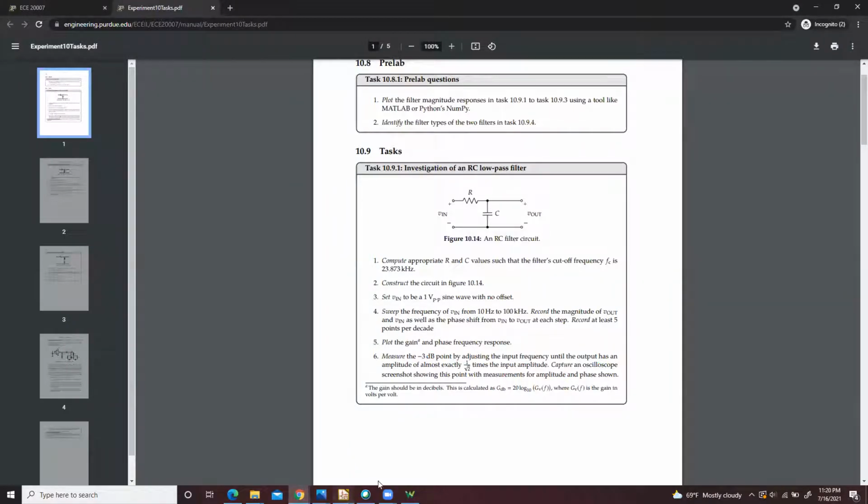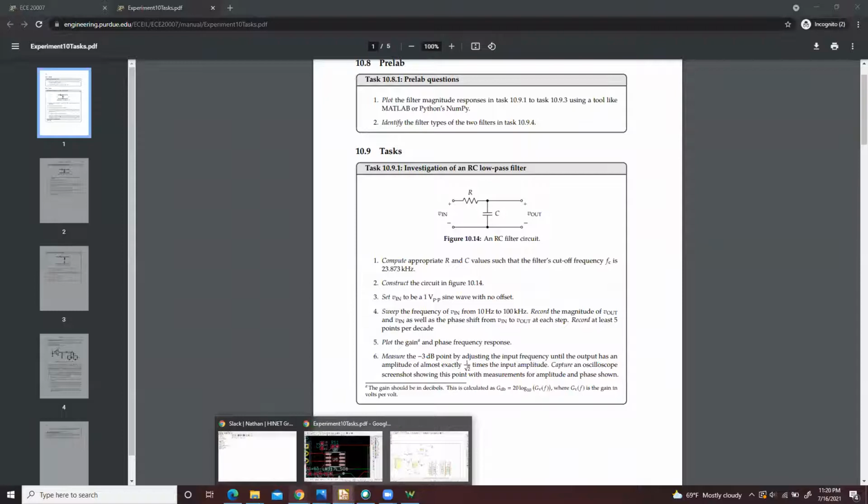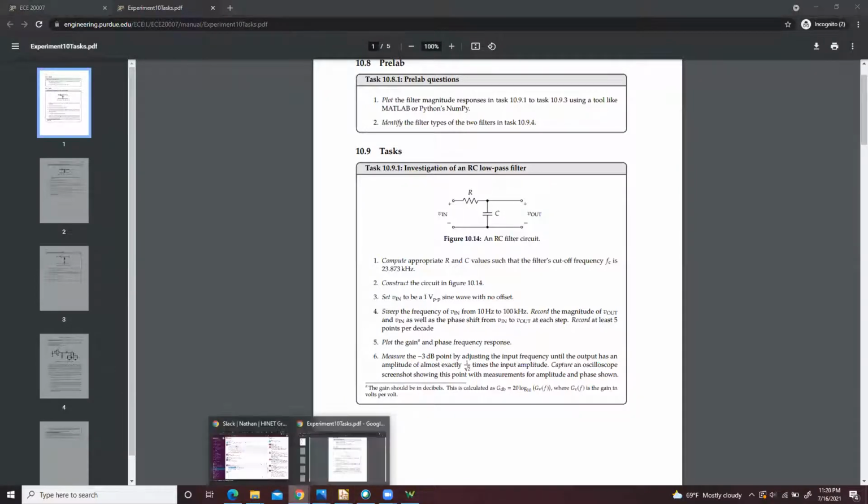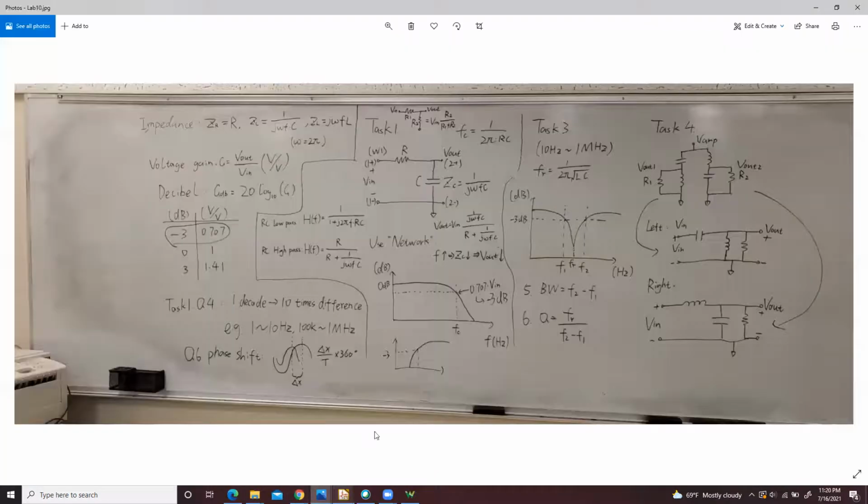If you are going to use the network, you can just get the plot from AD2. After you do the plotting, the plot will be something like this. This is the magnitude response plot.